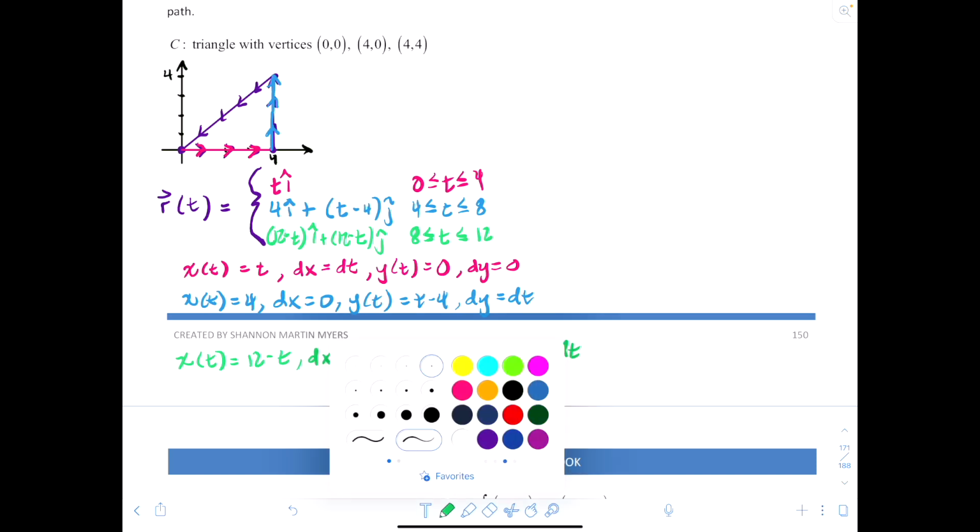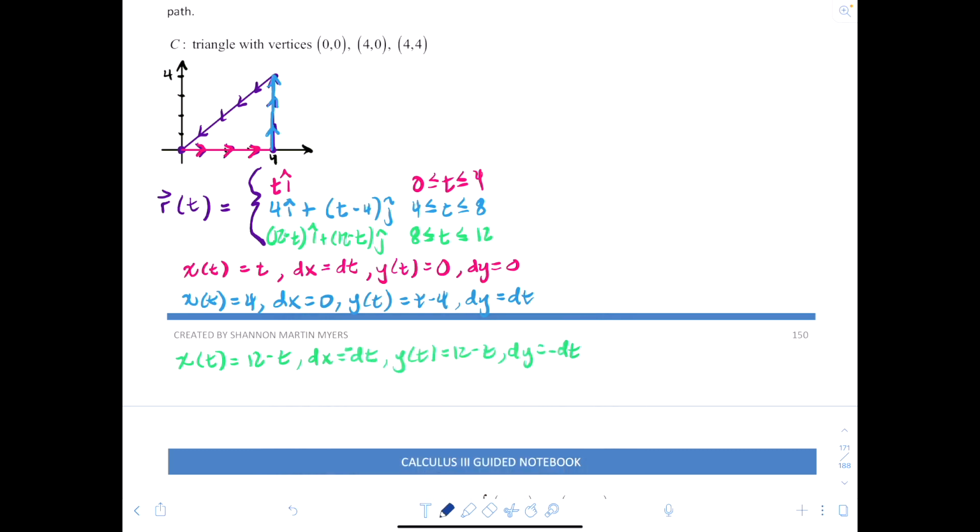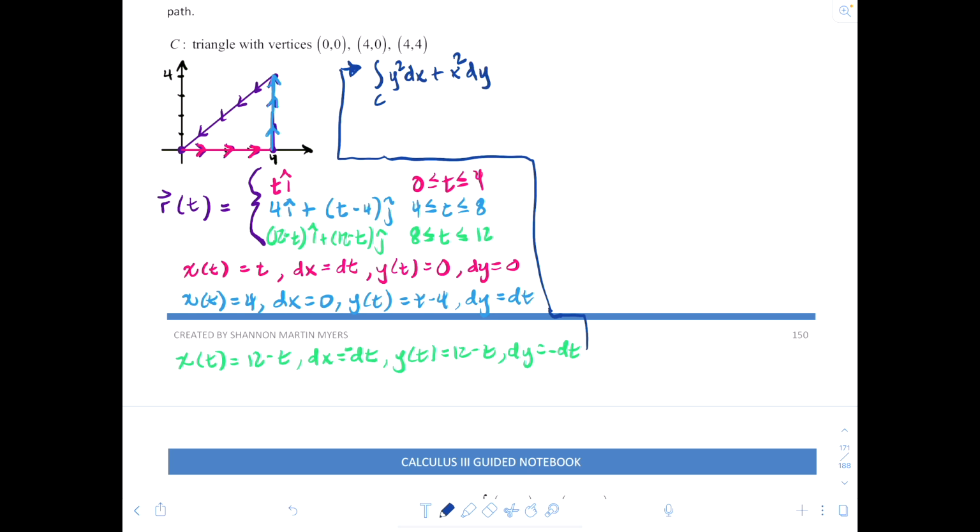All right, so then what do we do after that? Well, we have to now go up and combine all these integrals. So we would end up having the integral along the curve of y squared dx plus x squared dy.